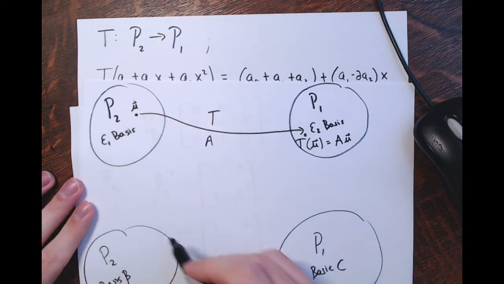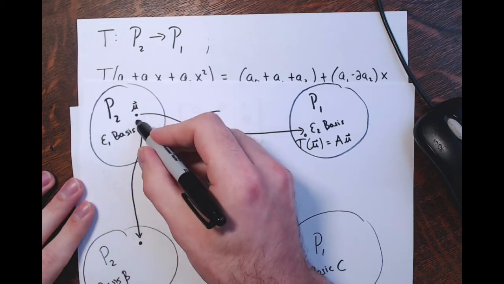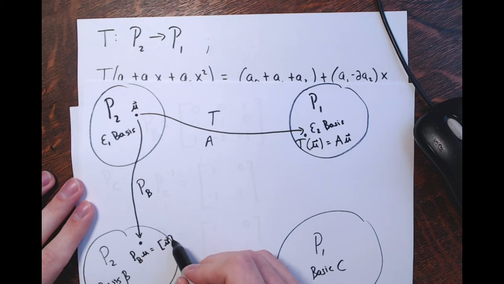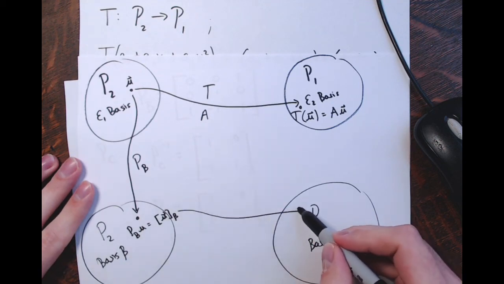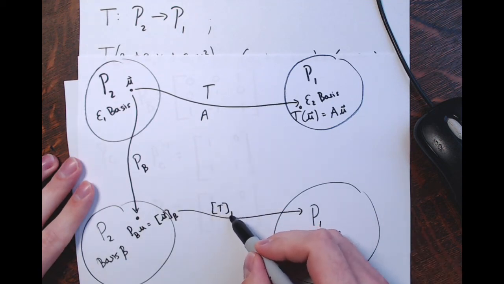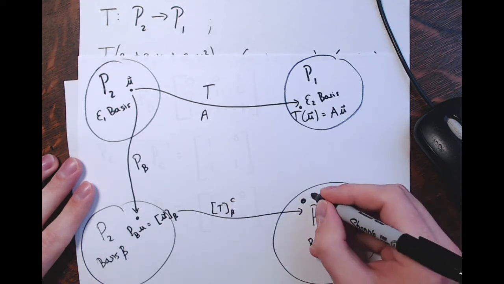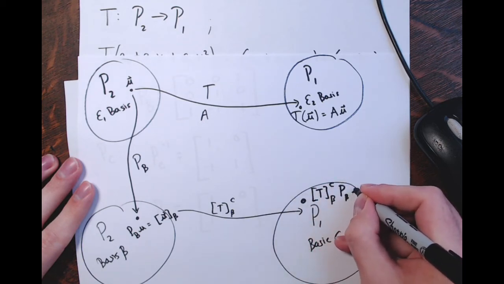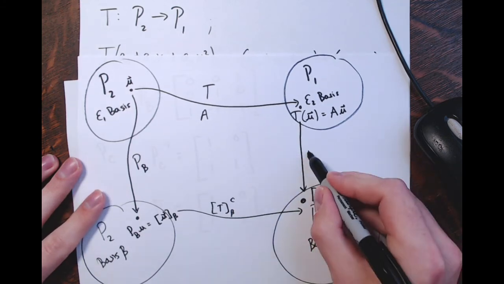If I want to get down here, one direction I could take is, I take U, the coordinates relative to the standard basis, multiply by PB, and I get PB times U, which are the coordinates relative to basis B. And then I multiply these by our matrix representation relative to B and C, which gives me the matrix representation relative to B and C times PB times U. And that should be equivalent to if I took this here and just multiplied it by PC on the left.